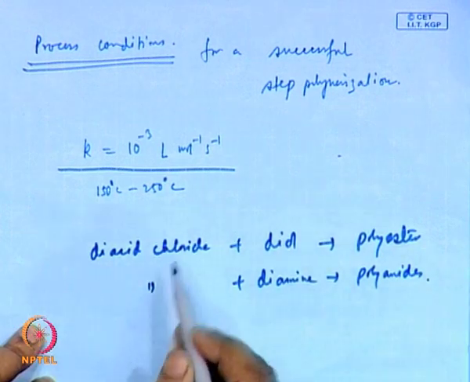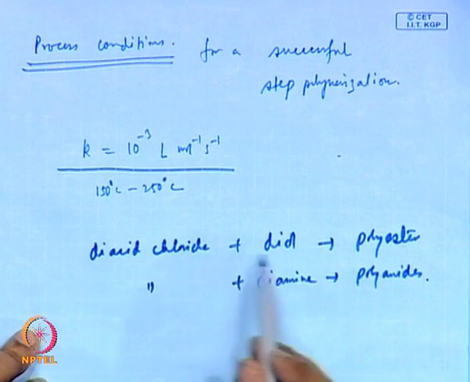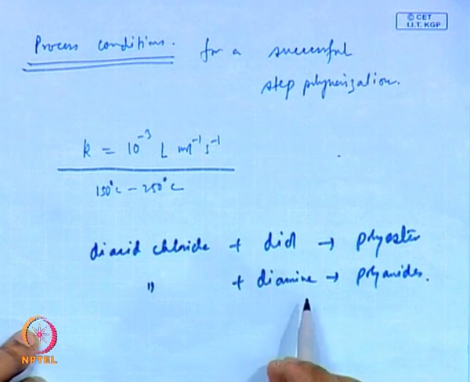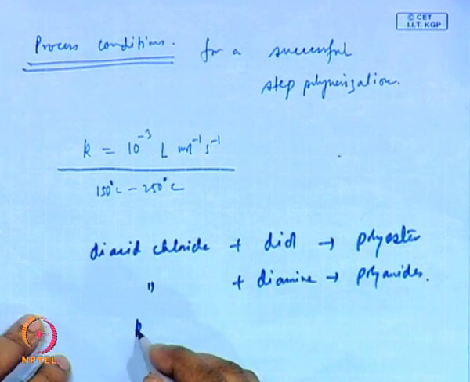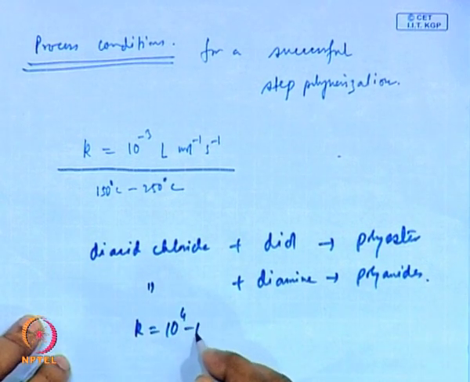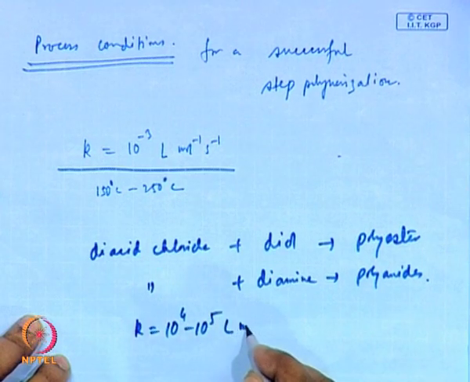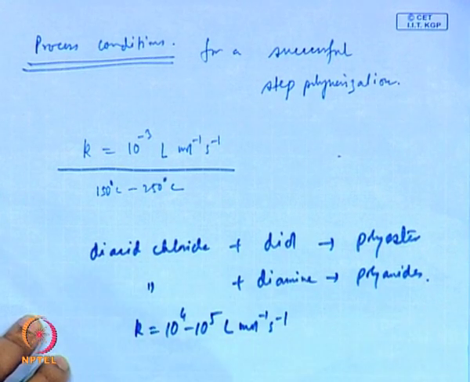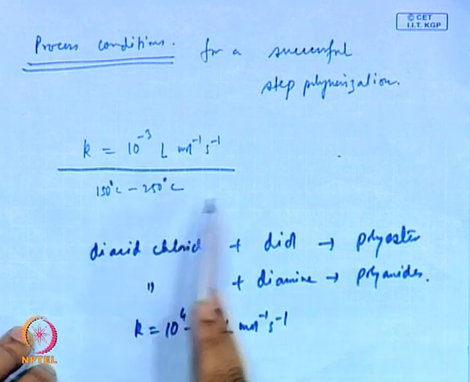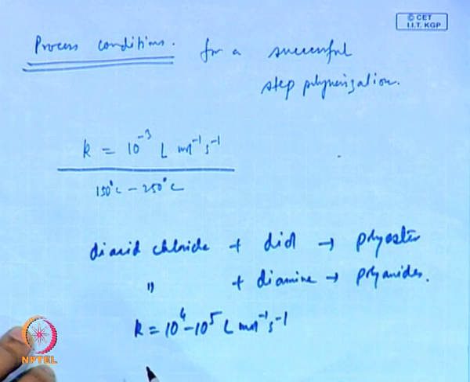Now, these diacid chloride reactions with diols or diamines are very fast and K is of the order of 10 to the power 4 to 10 to the power 5 liter per mole per second, which means they are much faster compared to the normal step polymerization reactions.